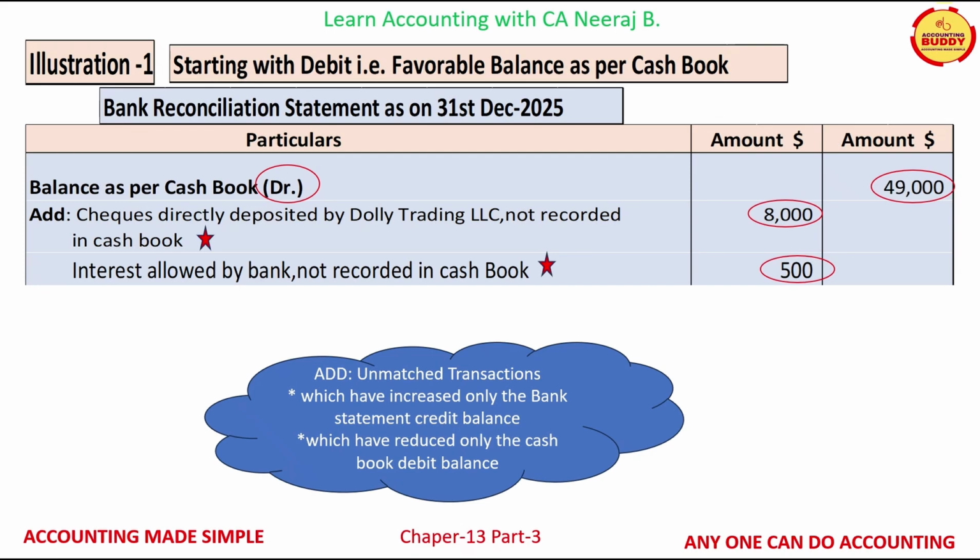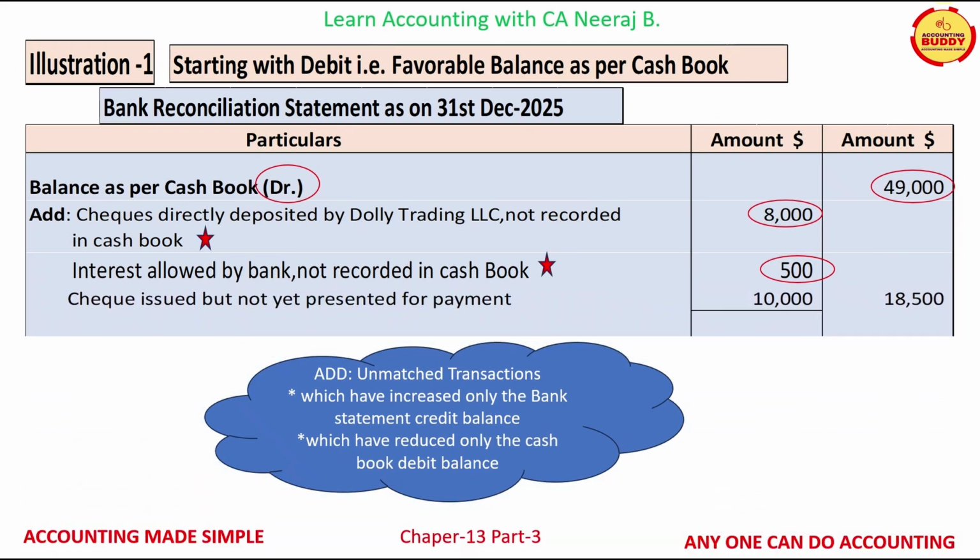These two transactions are recorded only in the bank statement and not in the cash book before 31st December 25, and have increased the balance in the bank statement as on 31st December 25. Therefore, $8,000 and $500 are added to the cash book balance to bring it at par with the bank passbook balance.